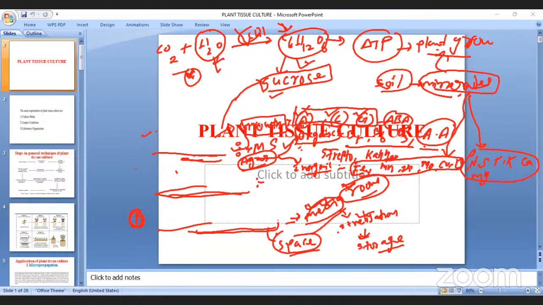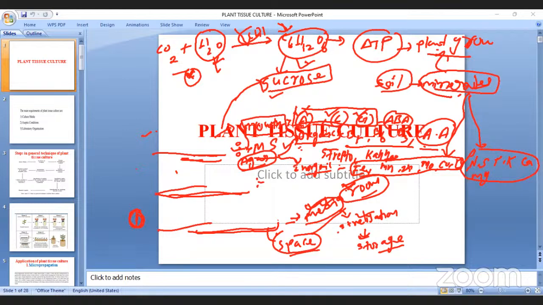That's why Rhizopus is called a laboratory weed. Most bacteria also contaminate the culturing process.